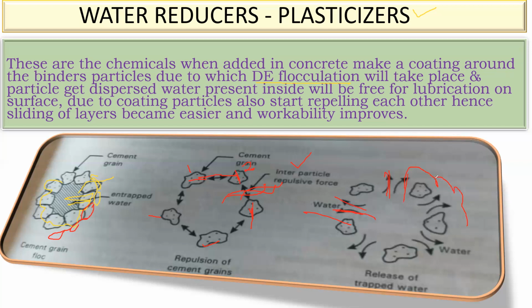The main idea is that deflocculation takes place, and because of it the water comes out, and this water helps in the lubrication of the cement particles, right? Hence it is called a water reducer. This is the basic idea of the plasticizer. Next we'll see how it functions.